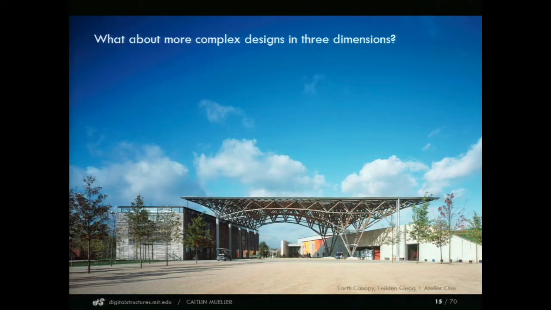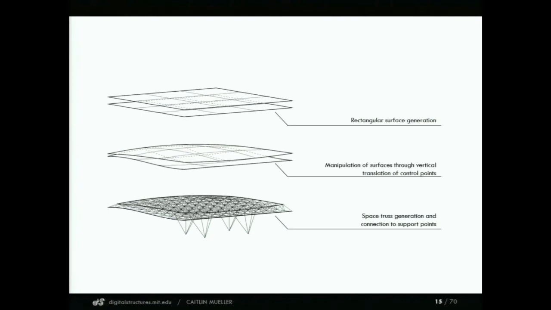We've extended this tool to a more general approach that works in Rhino and Grasshopper. So as an example, this is a roof that we used as a motivation for this, a three-dimensional space truss that we can now describe very nicely using modern computational geometry tools with a relatively small number of parameters.